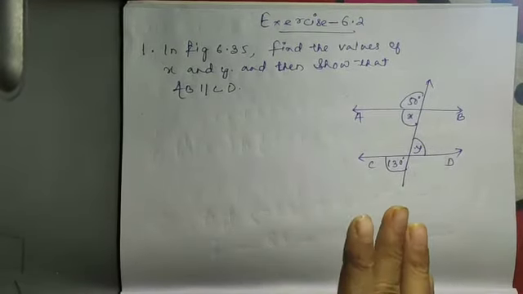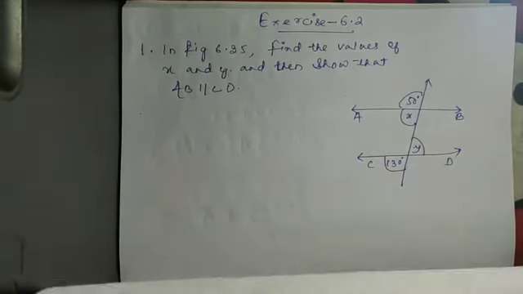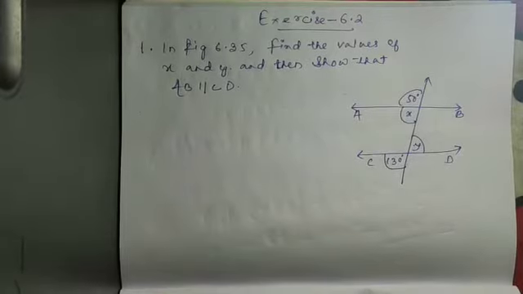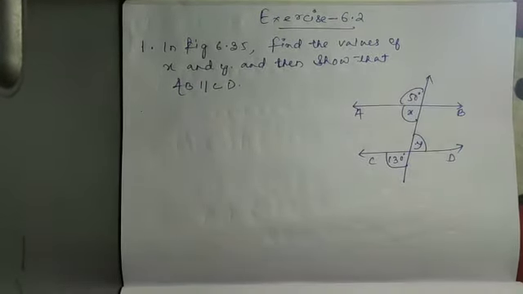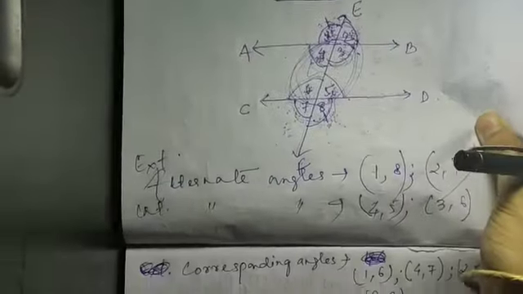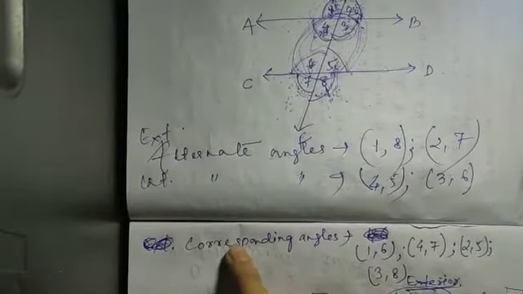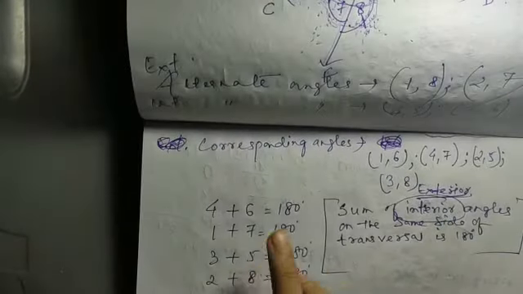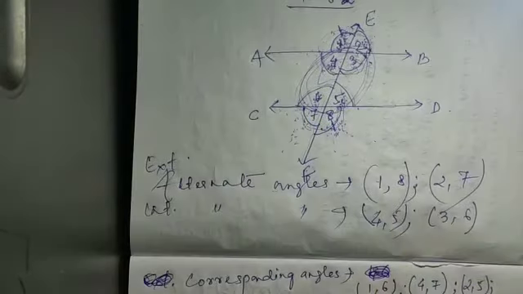That means, what I have told you previously, the conditions of corresponding angles, alternate angles, and the properties of interior on the same side of the transversal and exterior on the same side of the transversal, all these properties exist if these two lines are parallel.